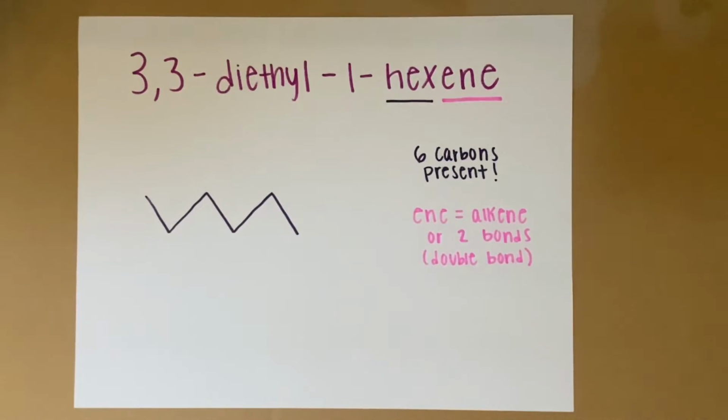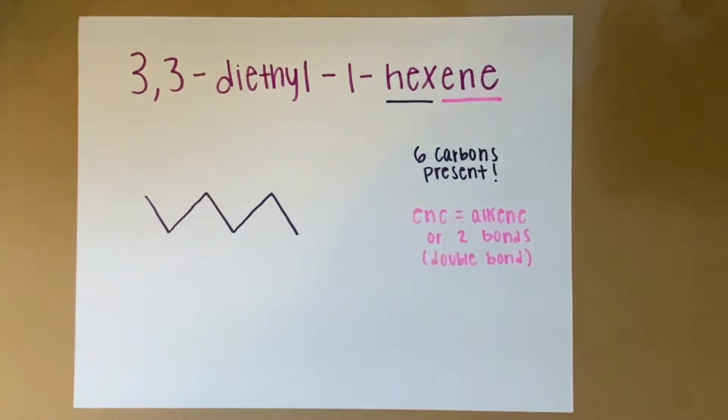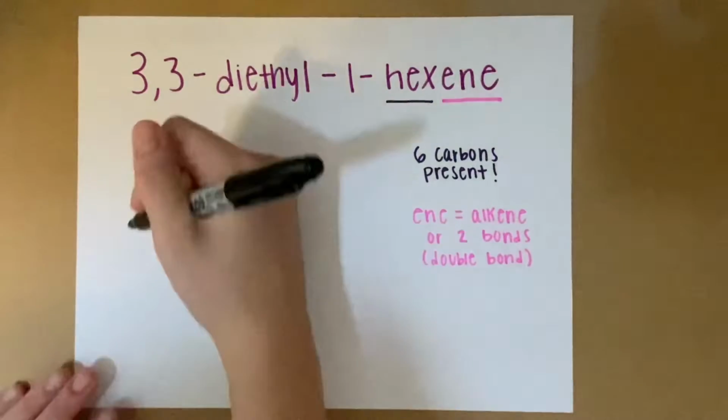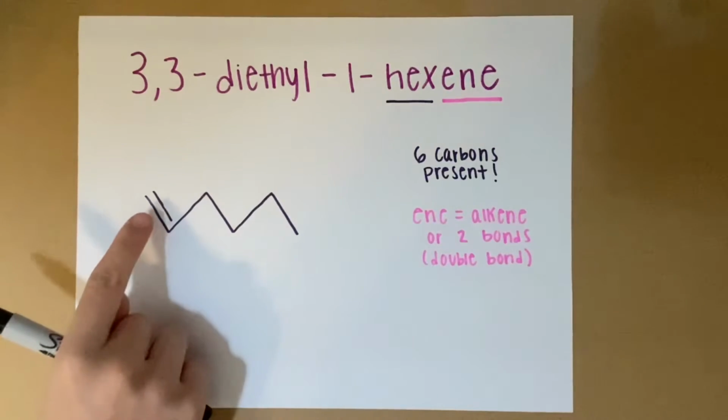Since we see the number for our double bond, 1, we know that we place it at the first carbon. So our double bond is placed right here. Our bond is present between the first and second carbon, so our double bond looks like this.